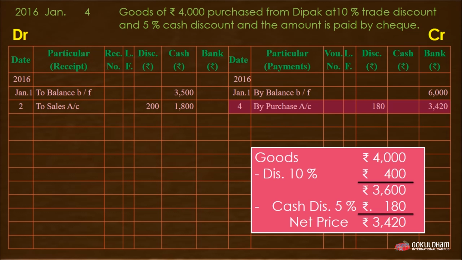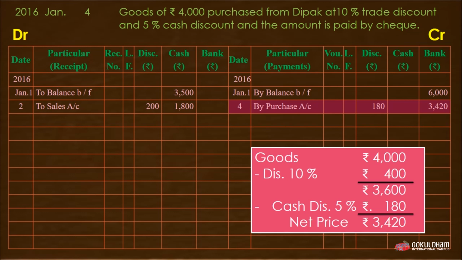Then this 400 is cut from 4,000, so our remaining figure is 3,600 rupees. Then we count our cash discount, which is 5%. So 3,600 multiplied by 5%, and our cash discount is 180 rupees.